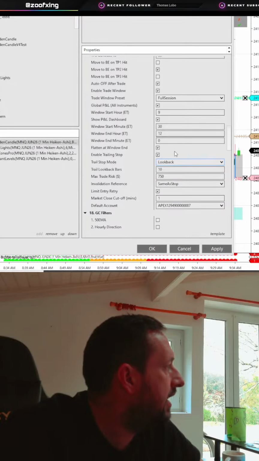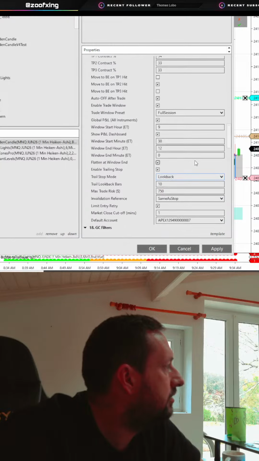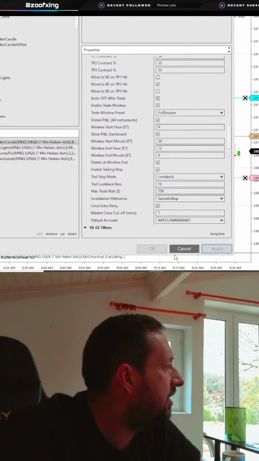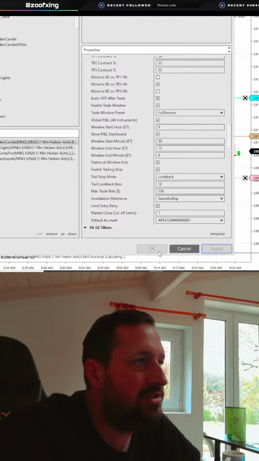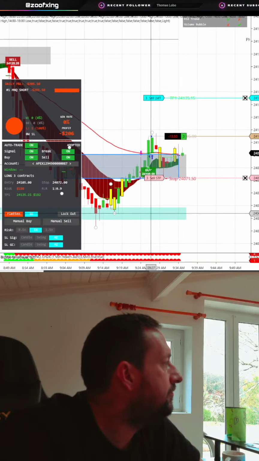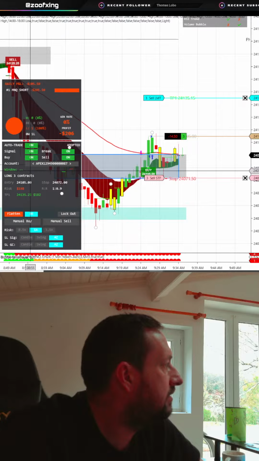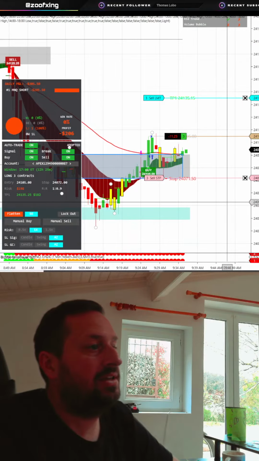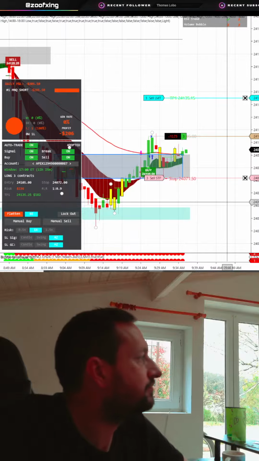Okay, and then right, hit apply. Again, I'm making changes during the trade. It's not a good idea. So you can see now it says window here. And that's showing that I've got a window now activated. Now the window's all day.